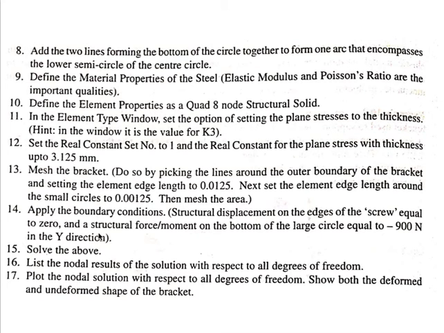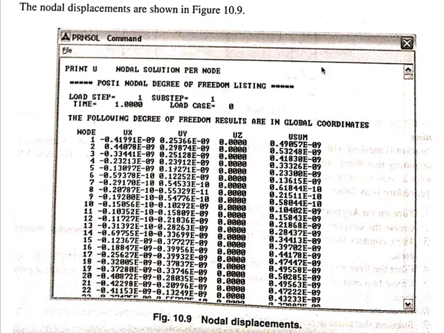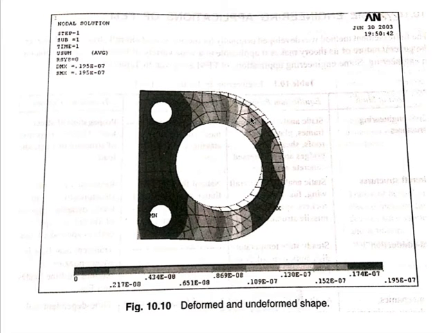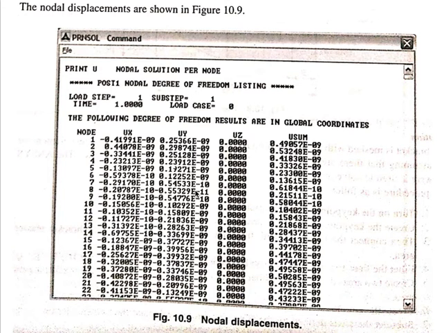If you have done this procedure, going through the software analysis, you will get the nodal solution per node like this: node 1 2 3 4 5 6 7 8 9 10 etc. So plenty of nodes you have created on that bracket, so many nodes and so many elements are there. So we have given such a procedure and we have followed the procedure, and it goes in such kind of procedures in software.